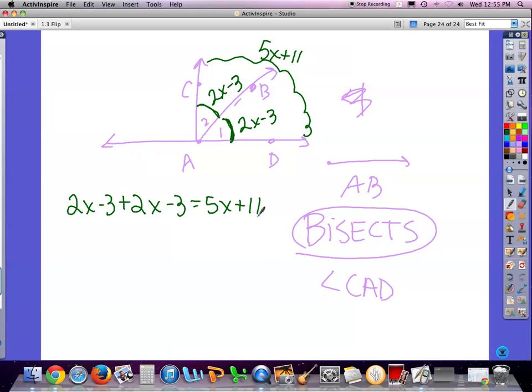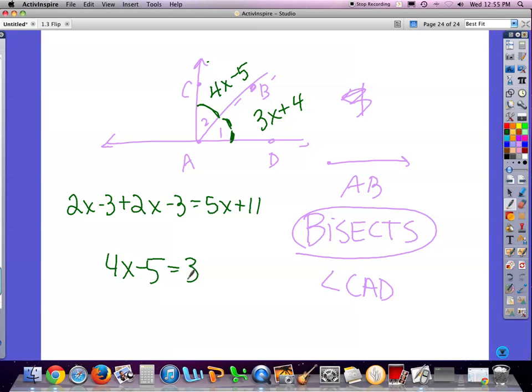I don't know that I want you to try to solve that; it probably turns out pretty ugly. That's basically one format. You have to be careful, because they don't always follow the same format. Sometimes they say this angle is 3x plus 4 and this angle is 4x minus 5, and you know it's been bisected, so these two are congruent, or equal to each other, so you can set them equal and solve.